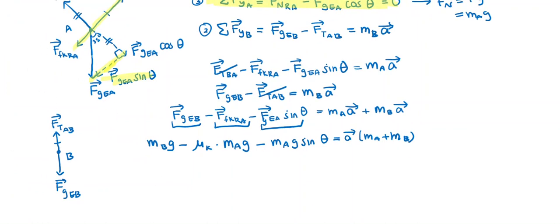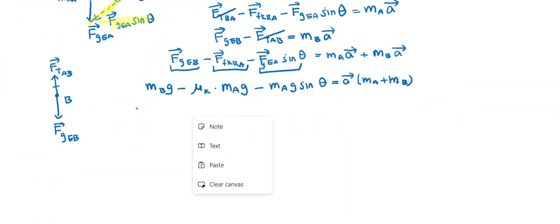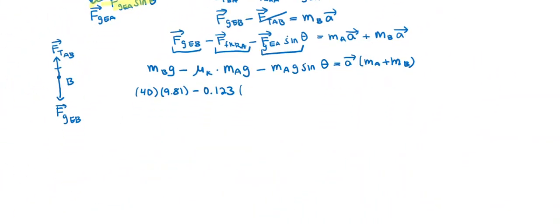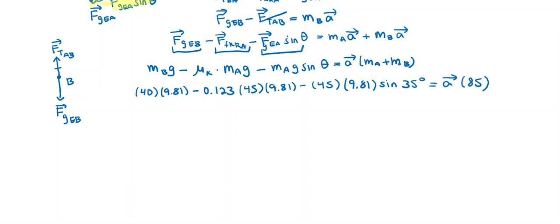there. And now we can plug in our values. So, what's the mass of B? Mass of B is 40 kilograms times 9.81 minus mu, which is 0.123 times mass of A, which is 45 times 9.81 minus 45 times 9.81 times sine 35 degrees equals acceleration times 85 kilograms.